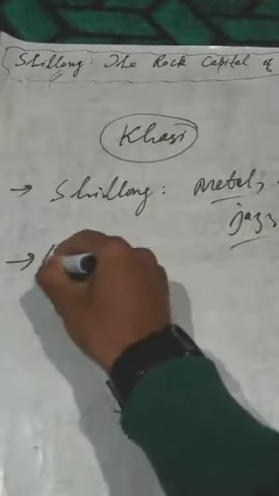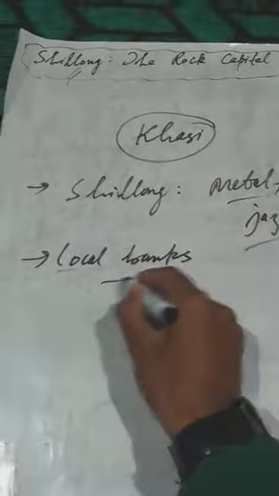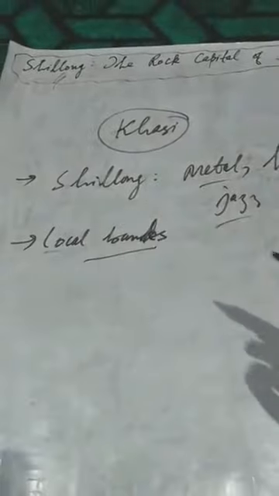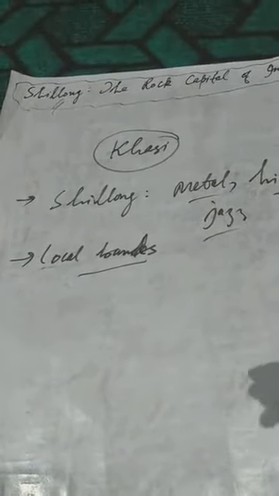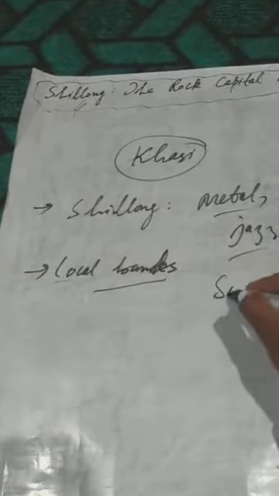When you talk about different local bands, remember that a band is a group of singers. Local bands from Shillong became very famous, and one of the bands was known as Soulmate.